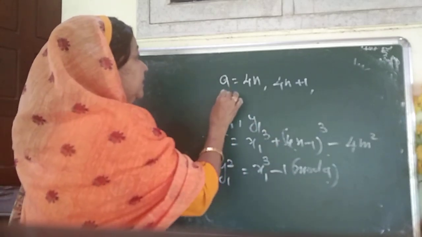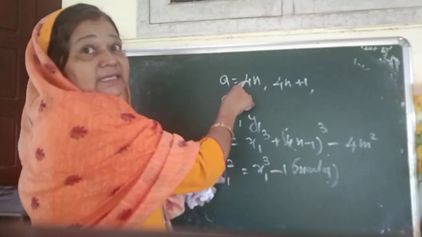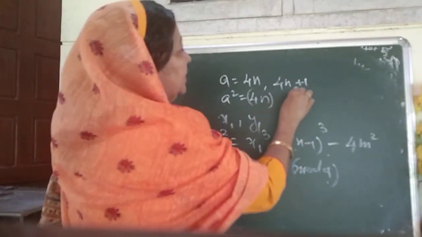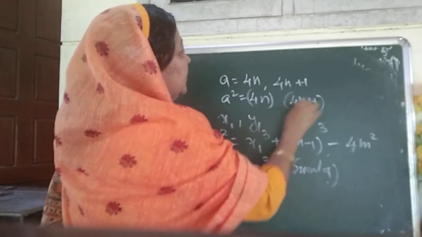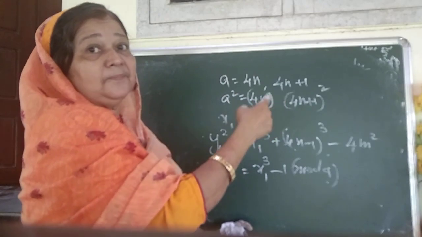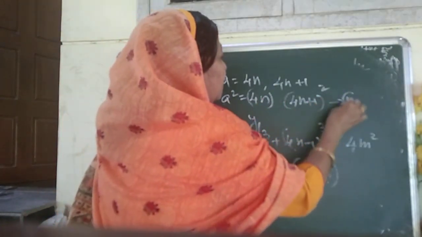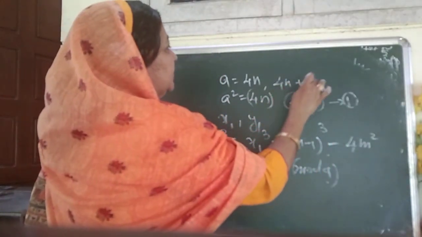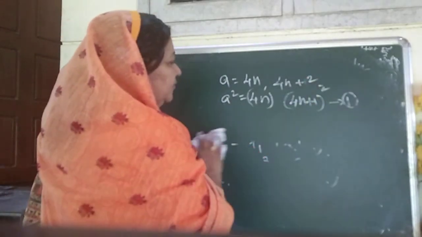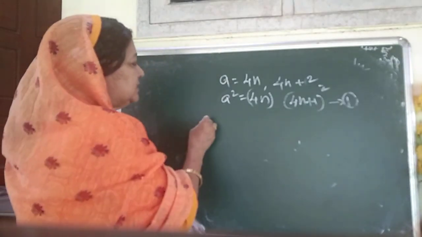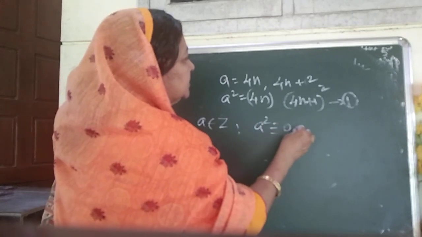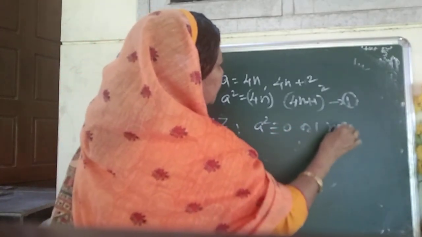Now a square: for 4n it is 16n square, a multiple of 4. For 4n plus 1, the whole square is 16n square plus 8n plus 1, so the remainder is 1. Similarly, if we take 4n plus 2, again it is a multiple of 4. Therefore, if a is any integer, then a square has two possibilities, either 0 or 1 mod 4.